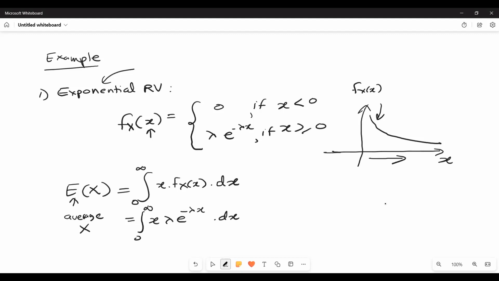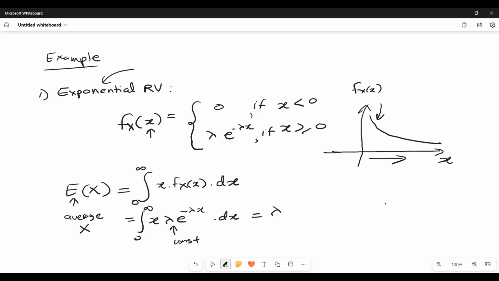So by solving this, I can find the value of the ex, right? So in order to solve this, you actually need to know how you can do integration in this instance. So a lambda value is a constant value.